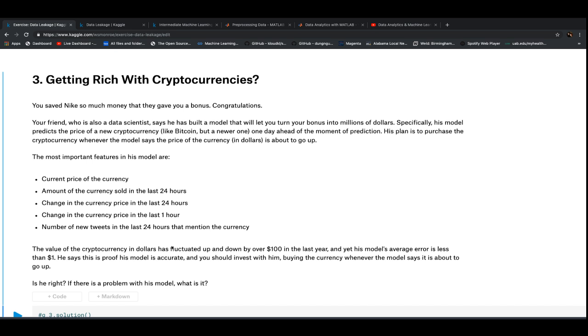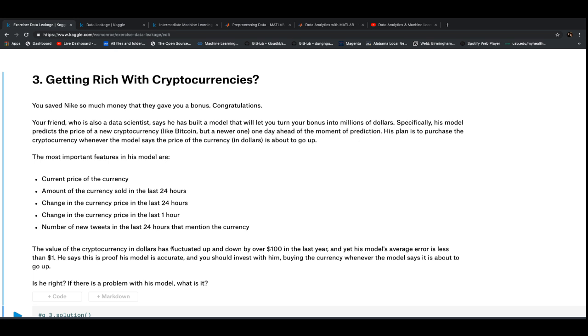Well, that makes me suspicious just because I don't think it's possible to predict commodities with that kind of accuracy. For me it's the fourth feature, the change in the currency price in the last 1 hour. I believe his model is depending too much on that feature.